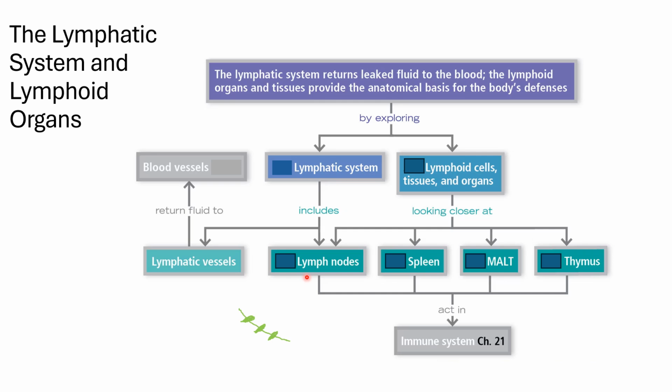And lymph nodes have afferent vessels, starting with A, which bring in the lymph, and then they have efferent vessels. So afferent vessels are coming into the lymph nodes, and then there are efferent vessels which are going out of the lymph node. They have two functions. Number one is that they clean the lymph, and number two is they mount an immune response.